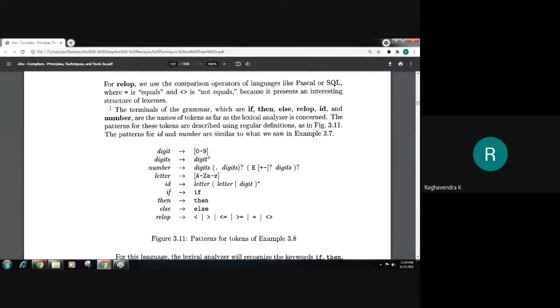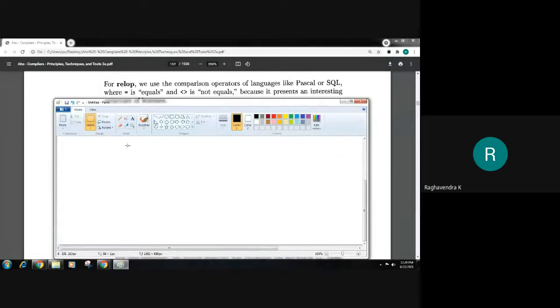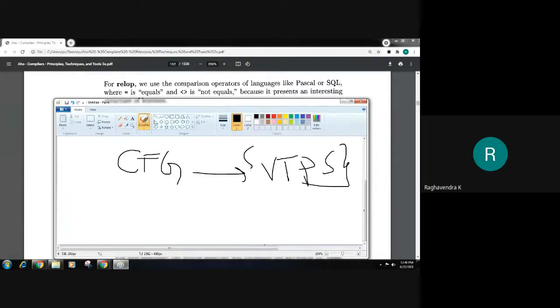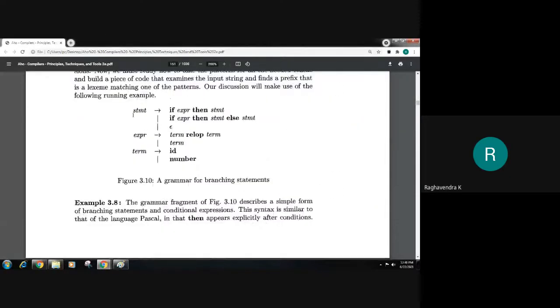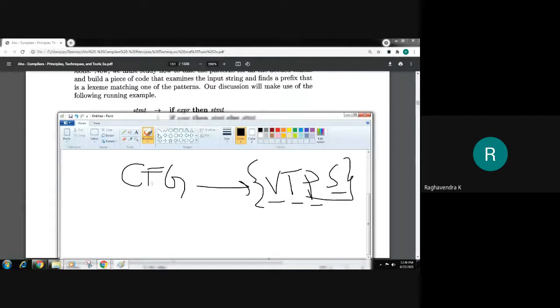If you are familiar with CFG, you know that there are VTPS: variables, terminals, productions, and start symbol. In the grammar we saw above, the start symbol is statement.